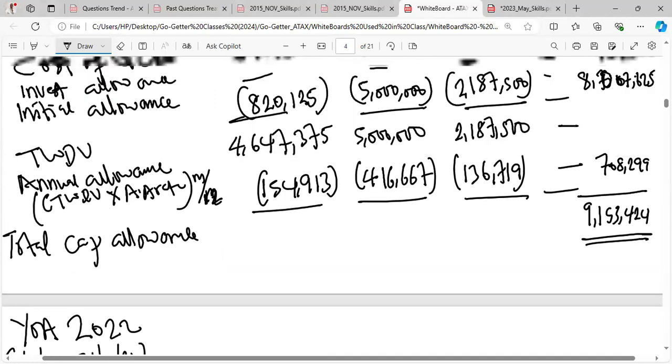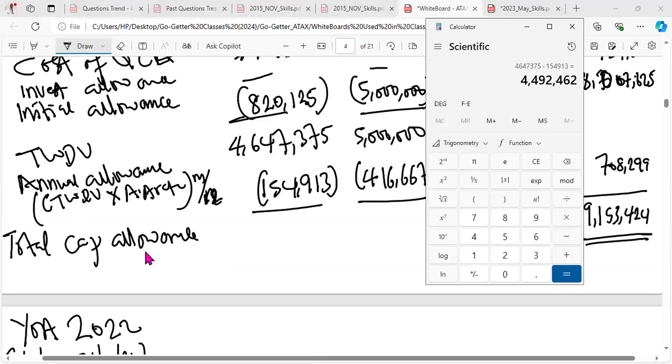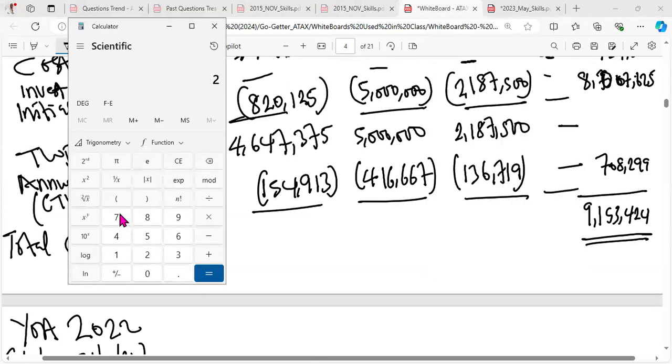And this other one, the last one here, will be 2,187,500 minus 136,719. That will give me 2,050,781.